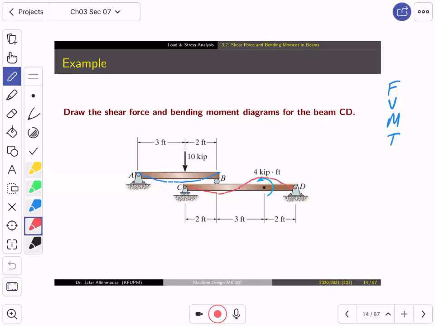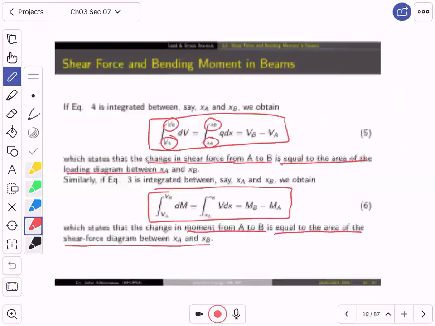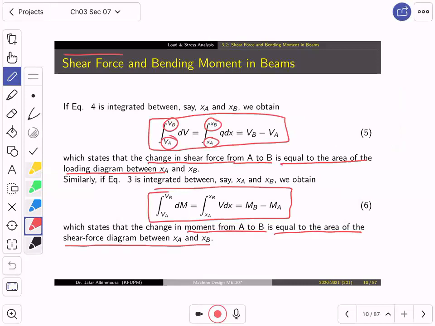So whenever you see the deformation causing curvature in the structure, this is a beam. For that reason, we are now studying beams. This is why, guys, in the previous lectures, we talked about bending moment and shear force in beams.